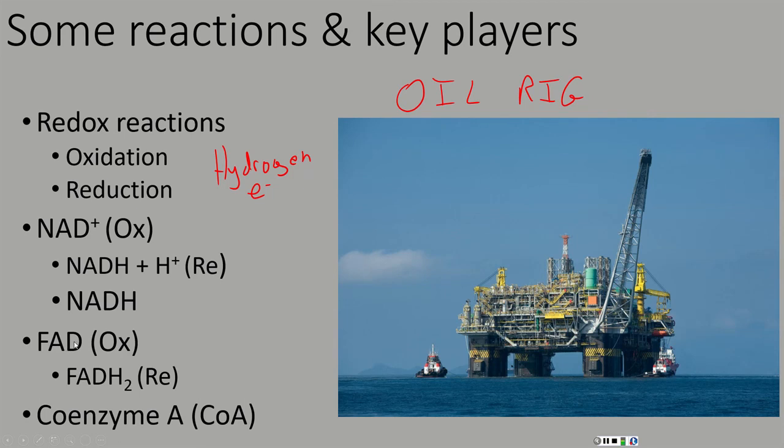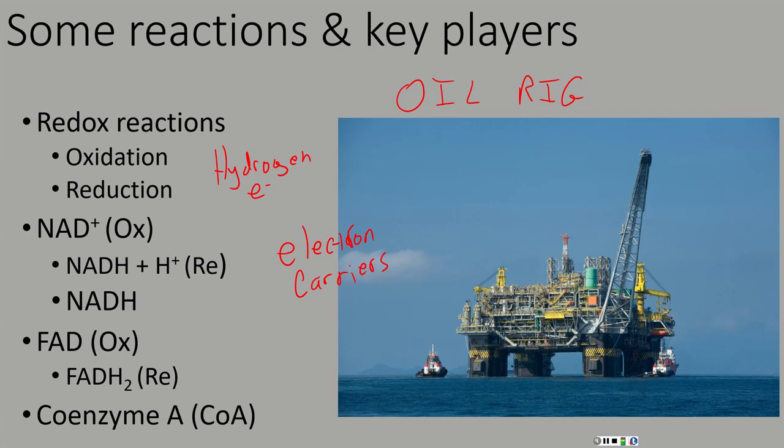I tell you that just because they do stand for something, but you don't need to know that big giant set of words that I just used. NAD+ and FAD. We're going to see these guys a lot next lecture. And they are coenzymes, but more specifically, they are electron carriers.